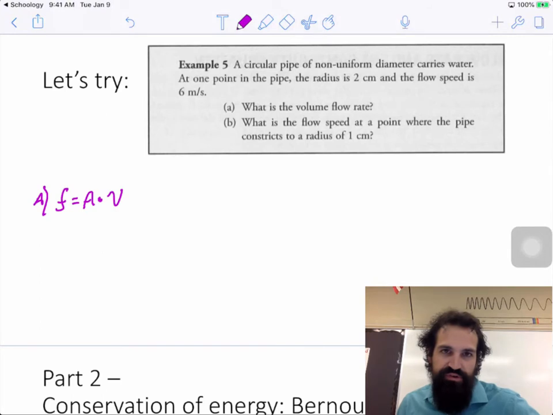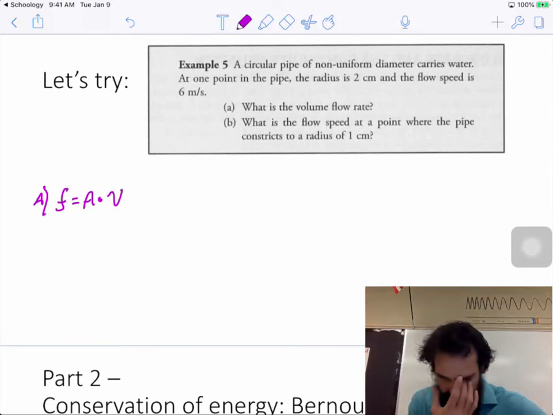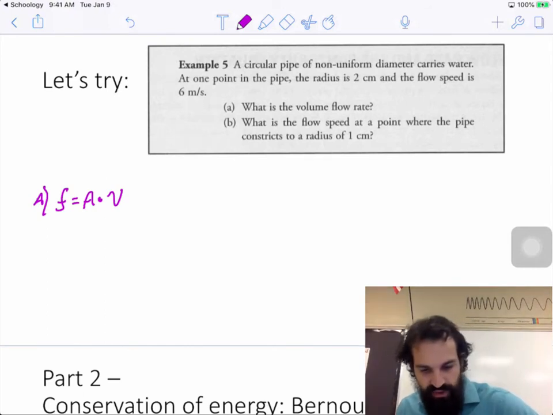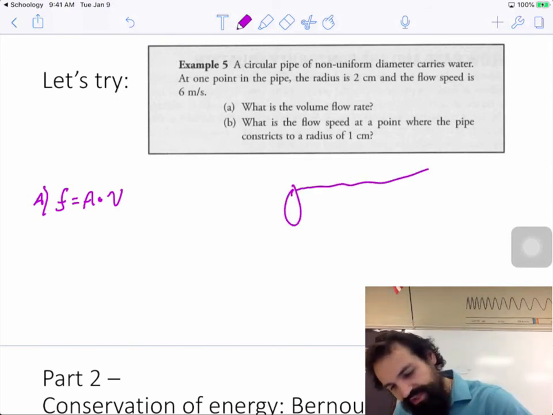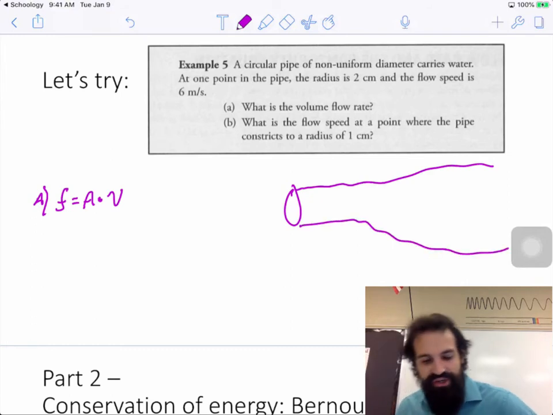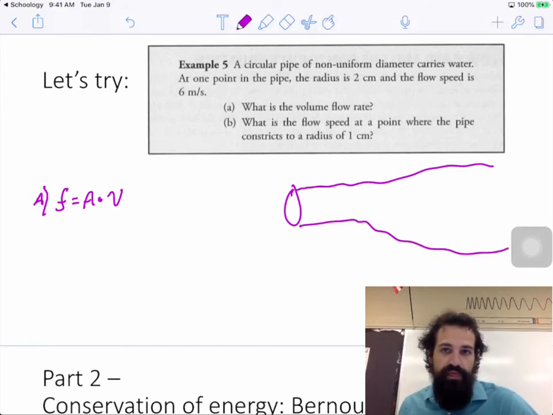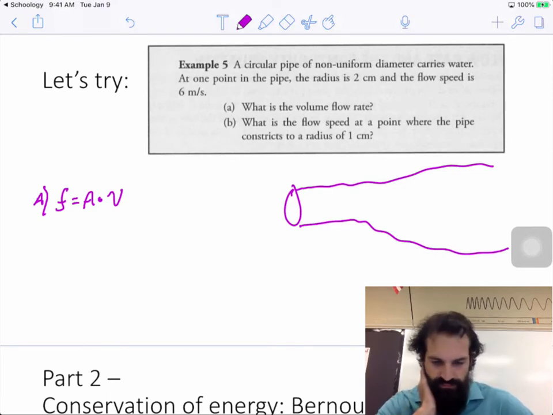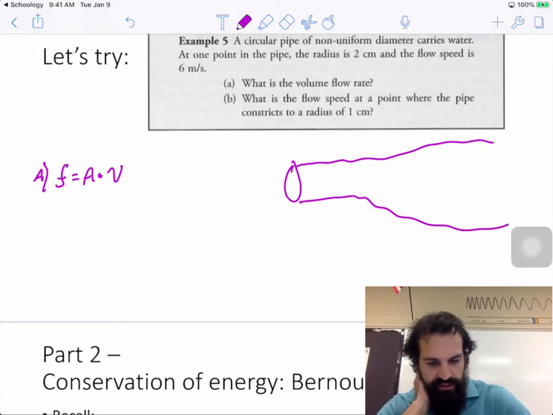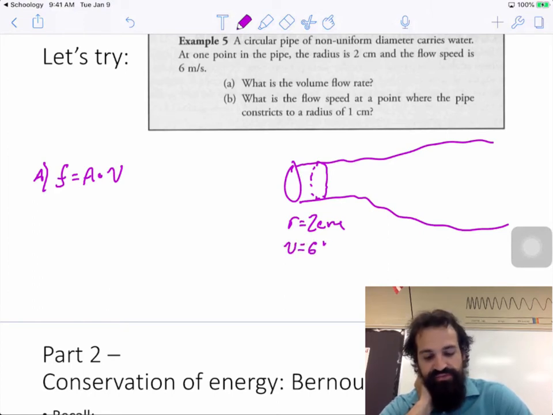Now, I've already gotten ahead of myself. Whenever I look at a problem, the first thing I want to do is look at a diagram. So they say it's a non-uniform diameter, so I'm just going to guess that the diameter gets bigger. We know that at one point in the pipe, I'm just going to call it this cross-sectional area, the radius is 2 centimeters, and the flow speed, the velocity, is 6 meters per second.